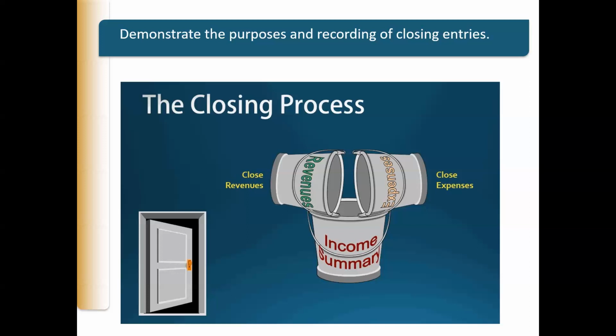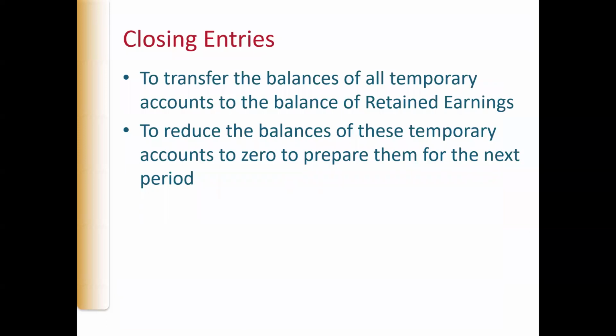And then we end up with an ending balance in retained earnings. Well, this closing process is basically going to zero out into retained earnings these accounts we call temporary.